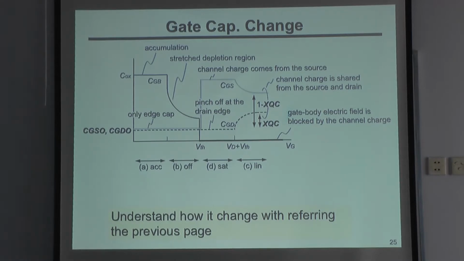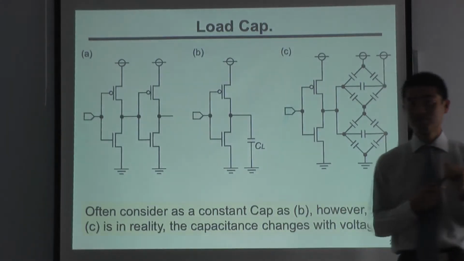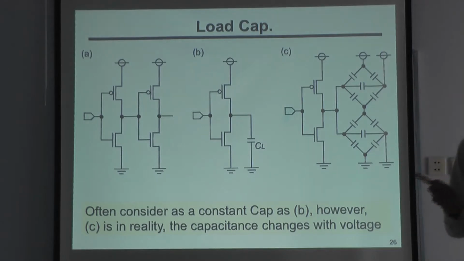When we use an inverter chain like this, in the textbooks we usually assume that the input impedance is expressed as one capacitance, and we calculate the delay using this load capacitance. However, in actual circuits the load capacitance is not always terminated to ground.